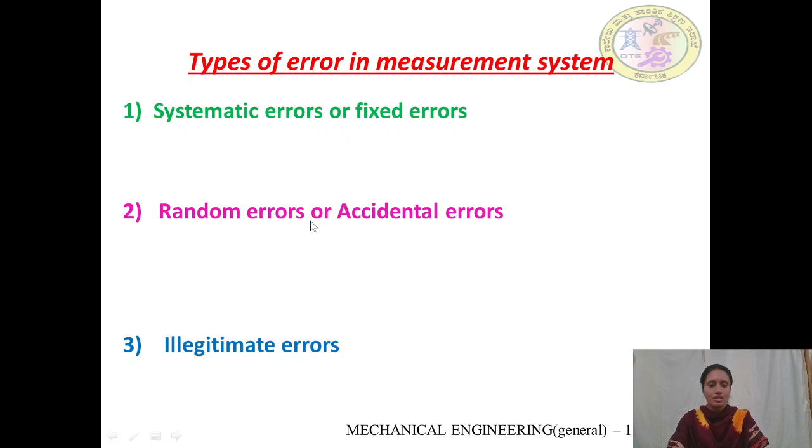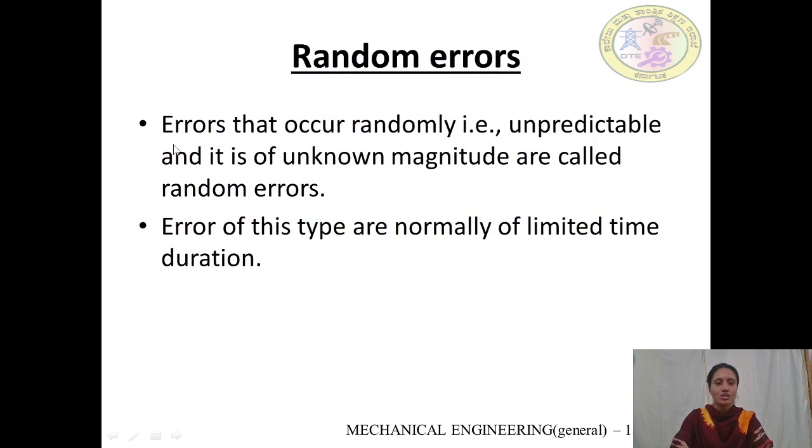Next, let us move on to random errors or accidental errors. Errors that occur randomly, that is, unpredictably and with unknown magnitude, are called random errors. We cannot say when they will occur, and this type of error is normally of limited time duration.